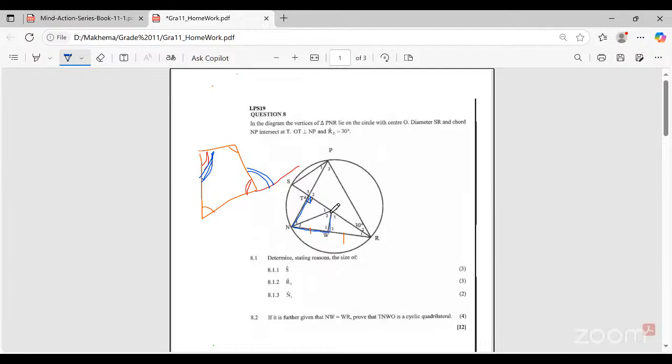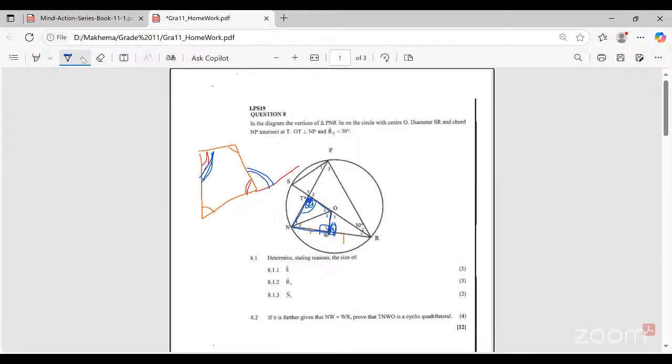We are either going to prove that this angle right here is equal to that angle right here, which is going to be the converse of the exterior angle of a cyclic quadrilateral is equal to the interior opposite angle. Or we can prove that when you take this angle and add this angle, you get 180 degrees.